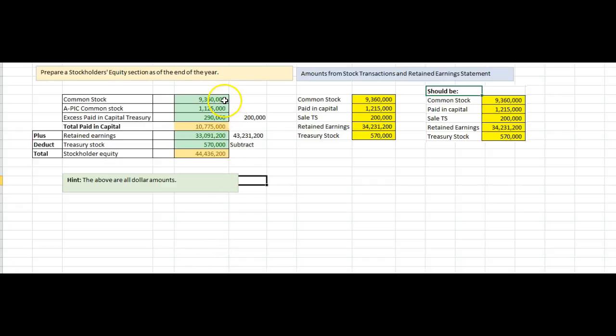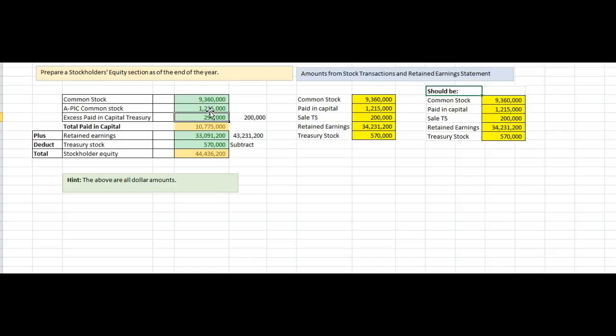So you have common stock. You have paid in capital of, and that one's, see, this is 1,215,000. So there you go. 1,215,123.